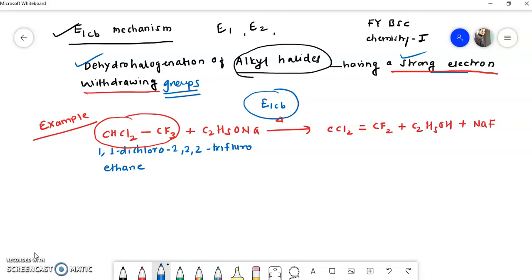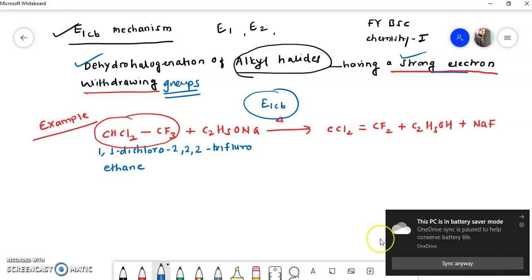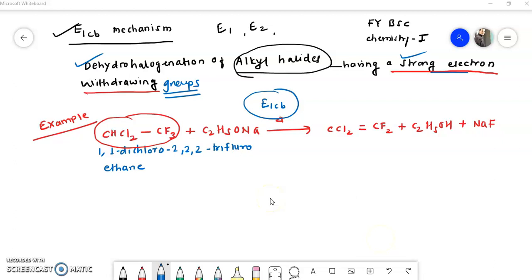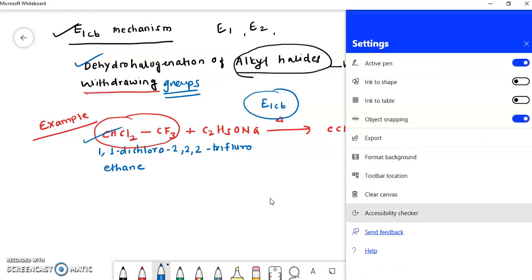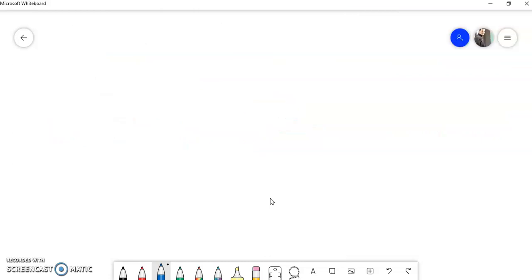So we'll take the mechanism of this reaction in detail so that you will understand what this E1CB mechanism is. So we'll go to the mechanism section. Now I will write here the mechanism of this reaction. I will write this reaction once again here.